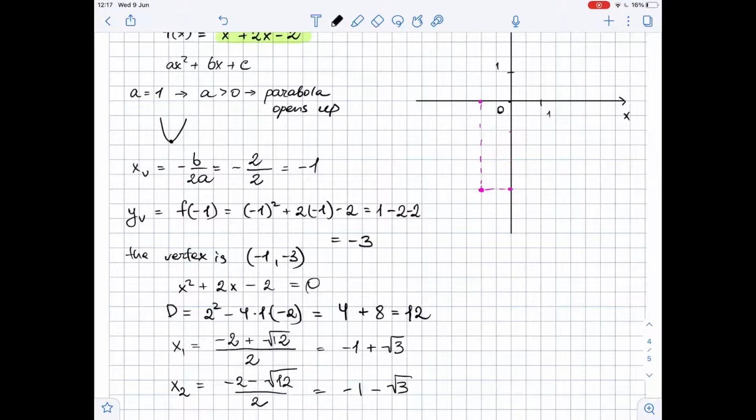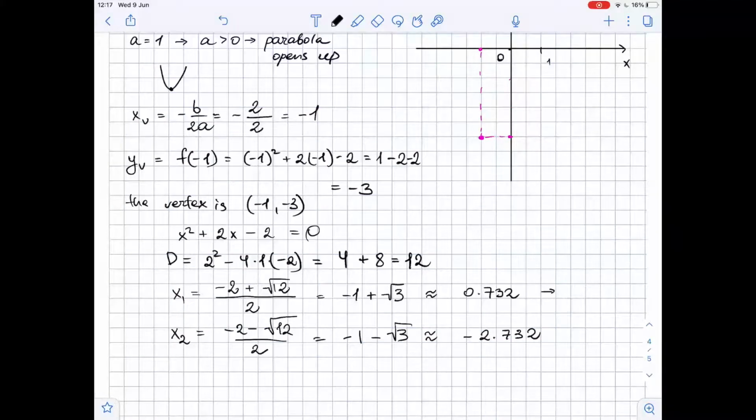points. We can actually make the calculation to make it easier for us to depict these points. So basically, negative 1 plus square root of 3 is equal to 0.732, and negative 1 minus square root of 3 is equal to negative 2.732.